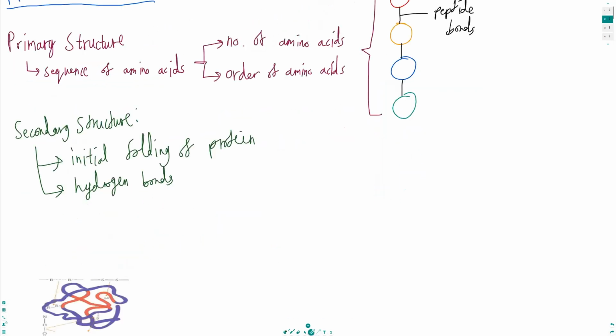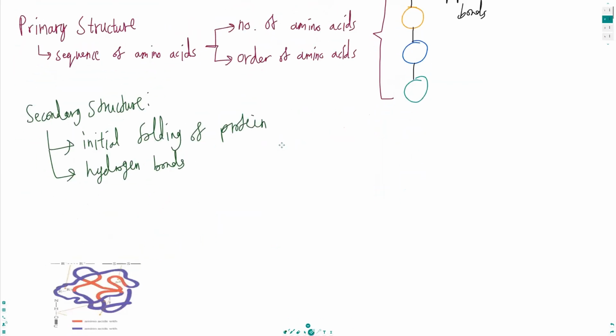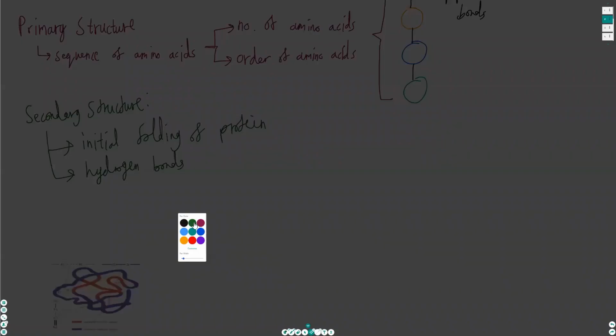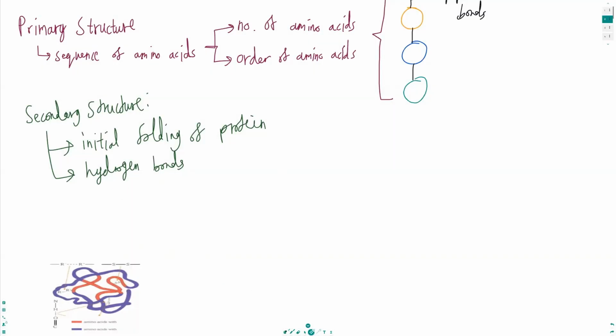Let me just scroll down. Those hydrogen bonds can form in one of two different structures to form the secondary structure.